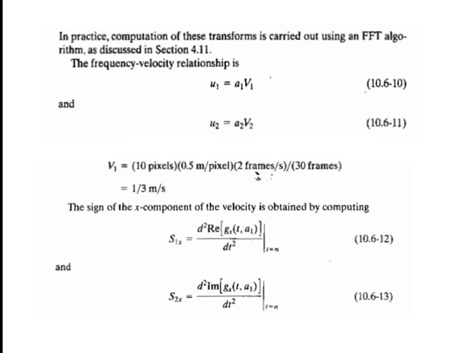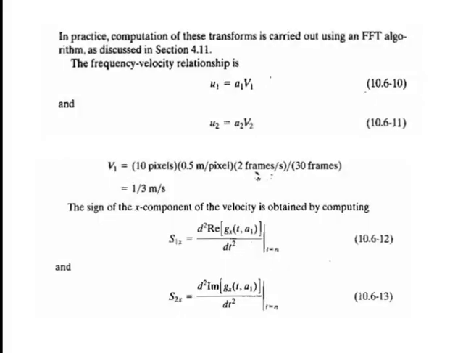The sign of the x component of the velocity is obtained by computing s1x is equal to d square of re g x of t, a1 upon dt square for t is equal to n, and s2x is equal to d square of im g x of t, a1 upon dt square for t is equal to n.